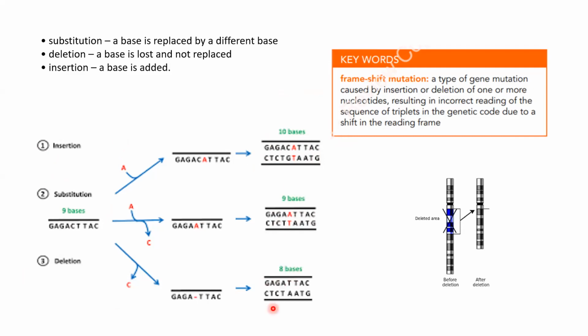Look at this. This one has a frame shifted to 8 bases. They're showing a deletion here. This one's removed. This one has 9 bases. This has 10 bases. And so I guess 9 bases was the normal one, and this one is a deletion with 8 bases, and this one is an insertion with 10 bases, and the entire frame has been shifted.